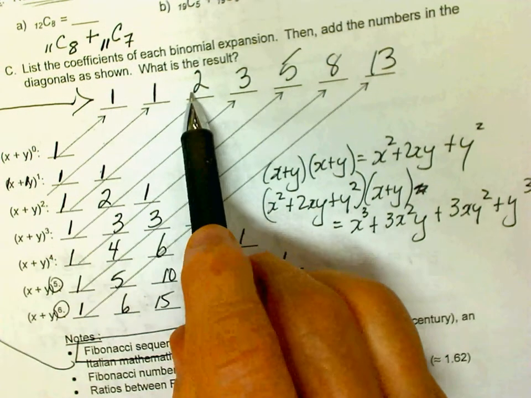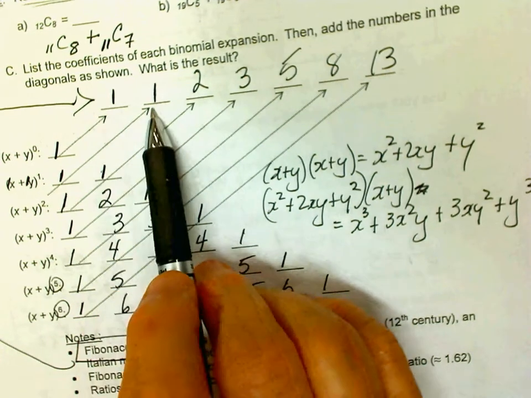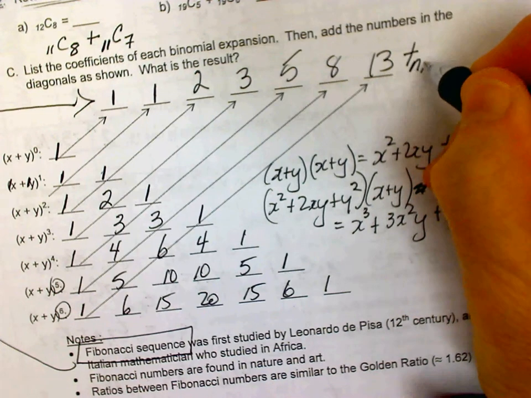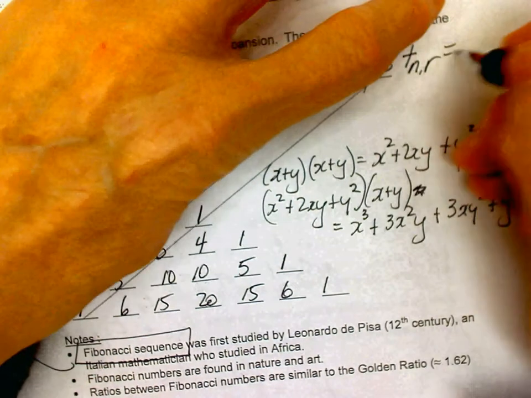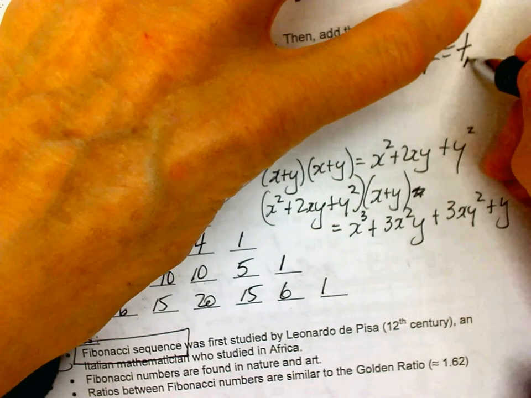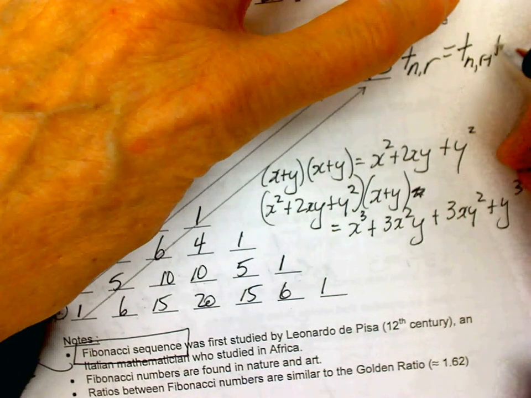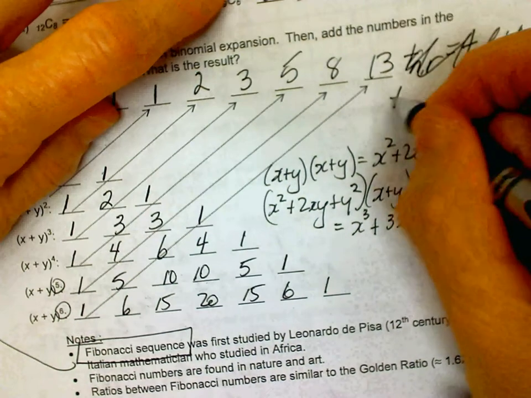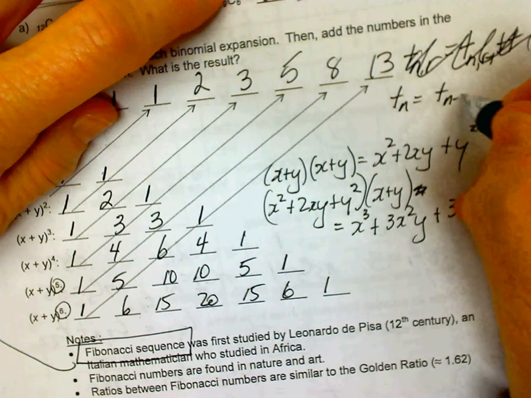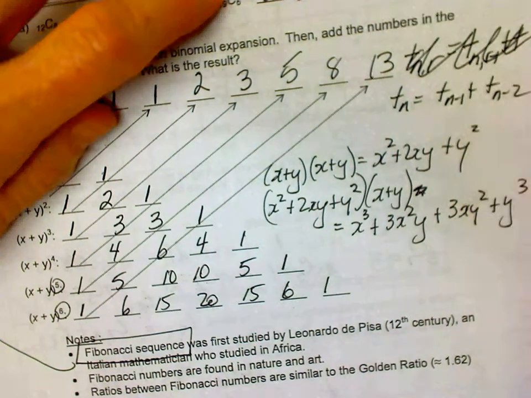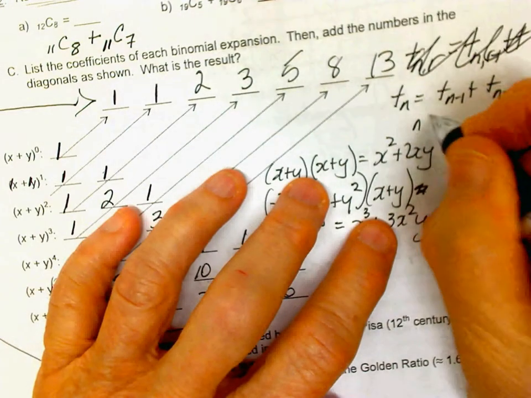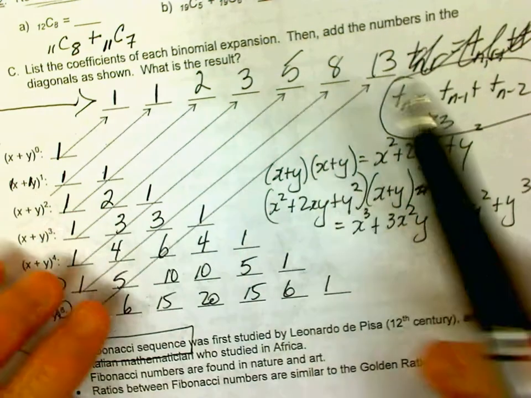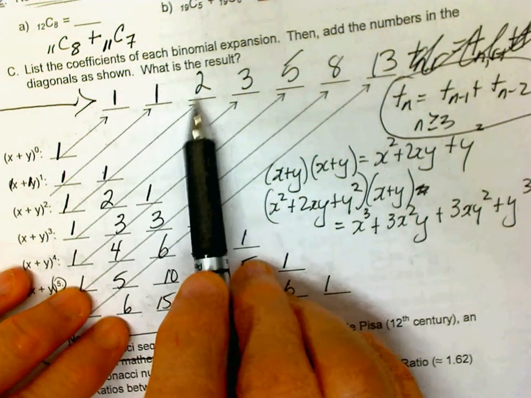So T(n) equals T(n-1) plus T(n-2), and n should be greater than or equal to 3. We're going to start with 3, okay? So the third term equals the sum of the first two terms, right?